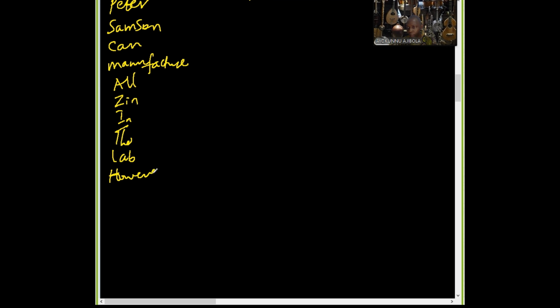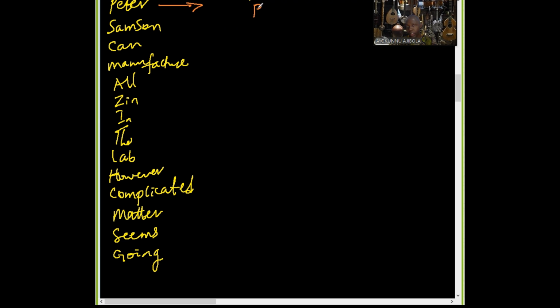However complicated matter seems going. So if you remember this sentence, Peter Sampson can manufacture all zinc in the lab, however complicated matter seems going, then you'll be able to know that this is potassium, and this is sodium, Sampson.